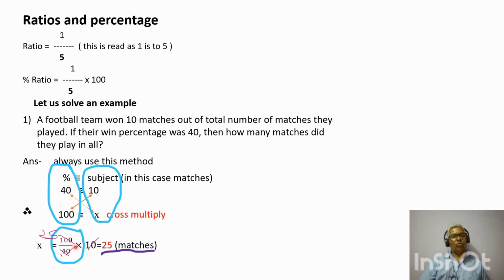There is no hard and fast rule, you can even write the other way around, but that is 100 into 10 divided by 40 anyhow, but this is general, just for convenience. Okay, now we try to solve the problem. This goes with this and this goes with this, so 25 matches. Okay, the answer is 25, they played 25 matches.